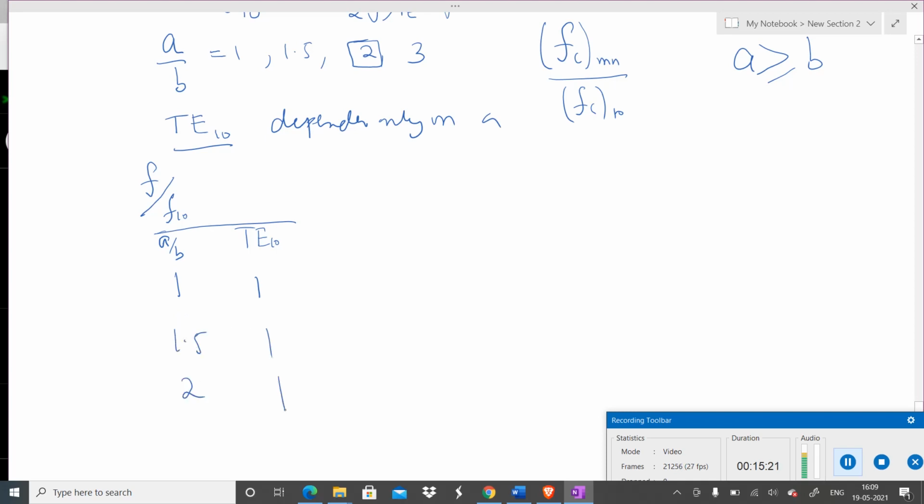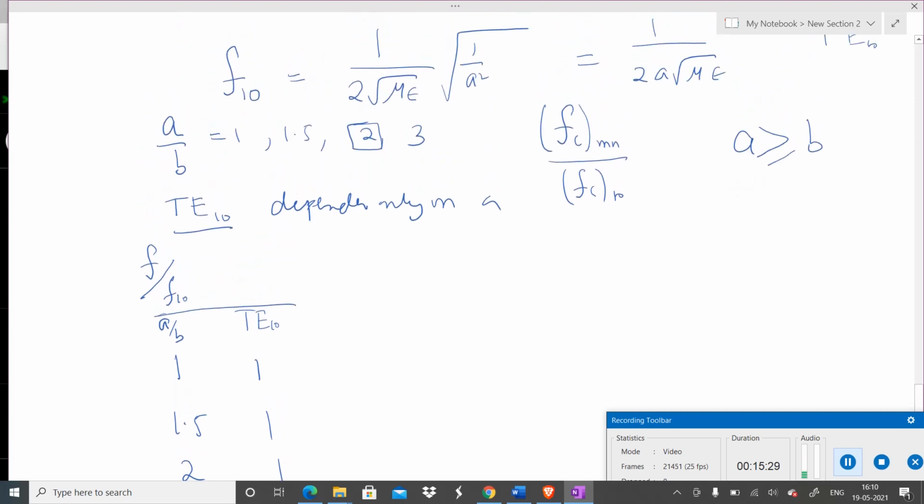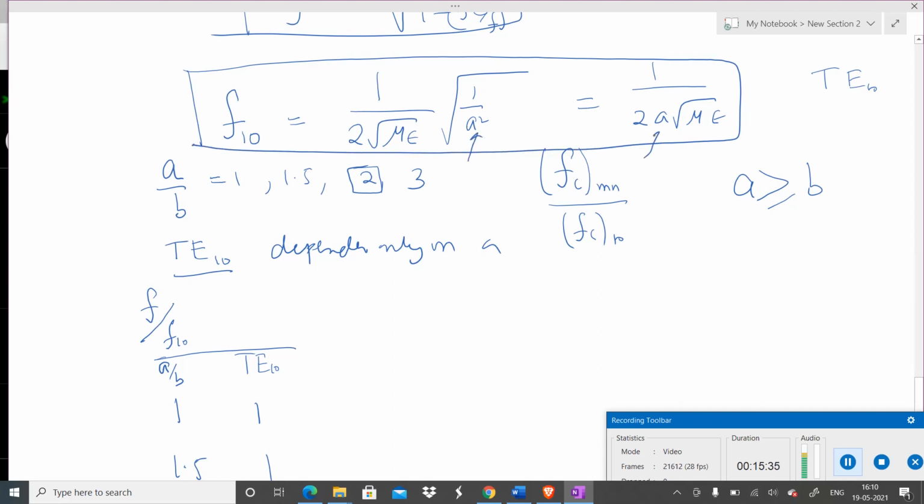Suppose it is 2, it will still be 1. Suppose it is 3, it will still be 1. Even if it is infinity, it will still be 1. Because you see here, the TE10 cutoff frequency does not depend on B. It depends only on A. So whatever be the ratio of A and B, it will always remain the same, the ratio of TE10 mode with itself.